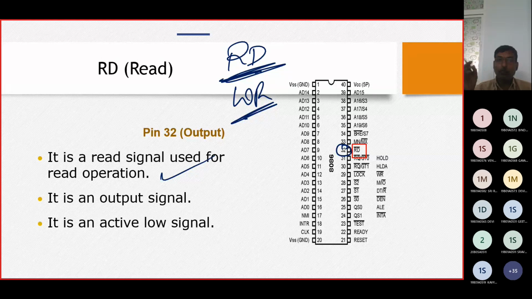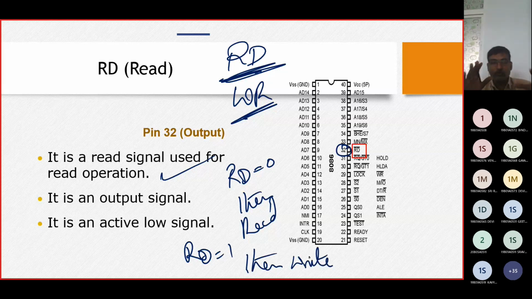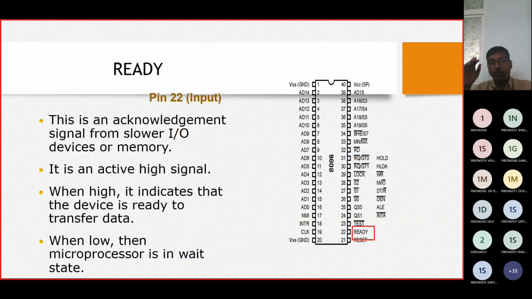What is he going to do? He will say, okay, now I am going to set it as low. Read is equal to low, then read. Read is equal to 1, then write. In this way, a binary state is going to give you whether to make a read operation or a write operation.